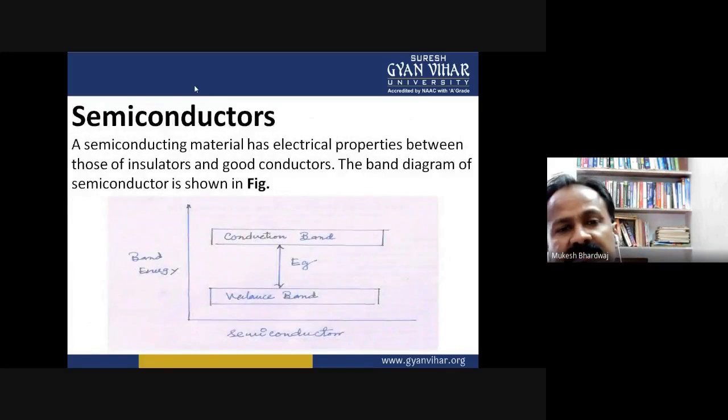Now, semiconductors. A semiconductor material has electrical properties between those of insulators and conductors.